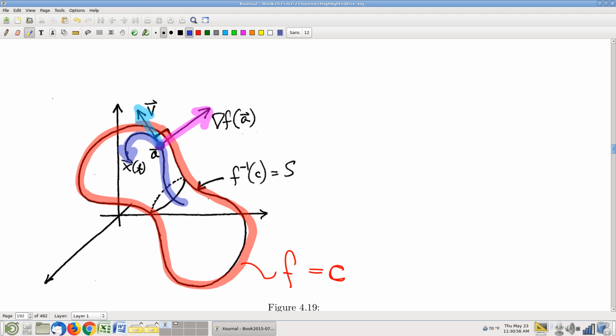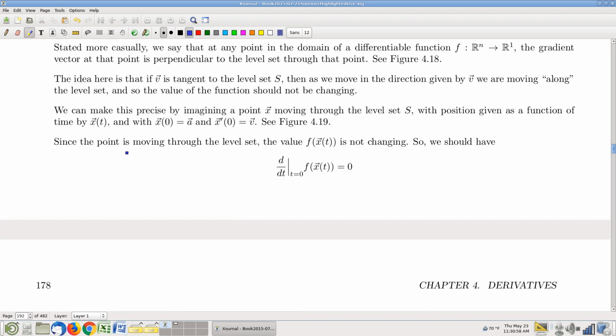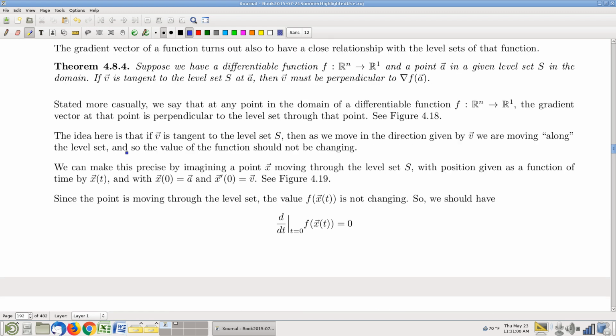Couple observations. First observation is that the value of f on this parametric curve is constant. And the reason I know it's constant is because we're on the level set, right? F is c.